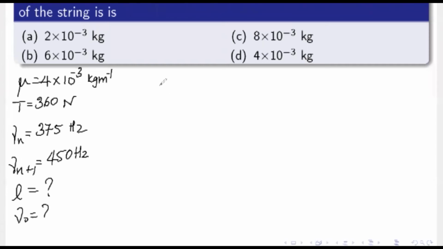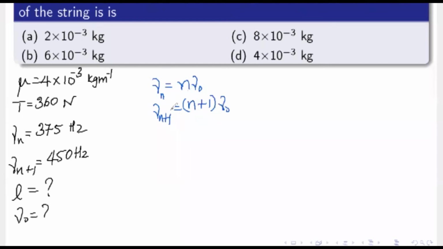Therefore, we know that frequency will be a multiple of the fundamental frequency. If I call the nth harmonic nu n, it equals n times nu naught, and the very next resonant frequency, n plus 1, is n plus 1 times nu naught.